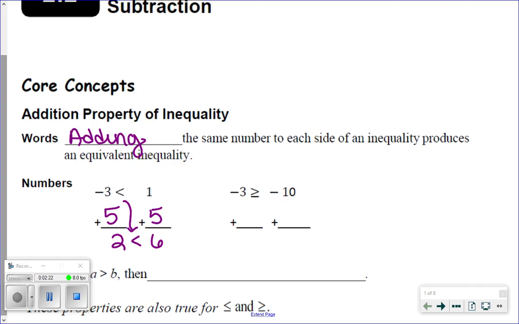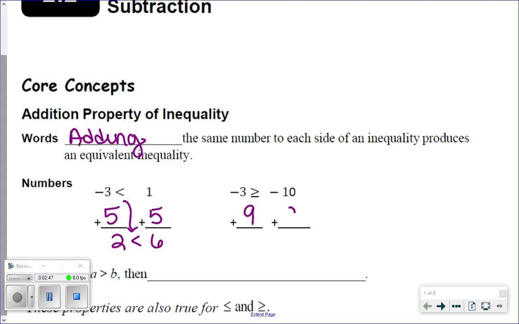Okay, let's try it one more time with a little or equal to bar. That really doesn't change anything about the relationship here or the use of the addition property of inequalities. So if we have that -3 is greater than or equal to -10, which we know is true, then I can, again, add anything I want on both sides.